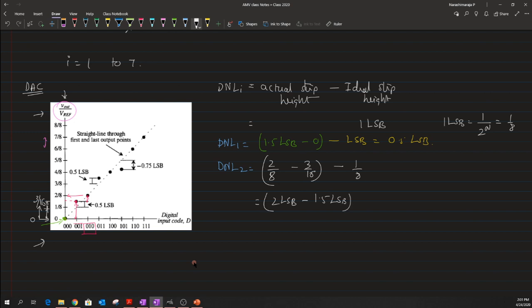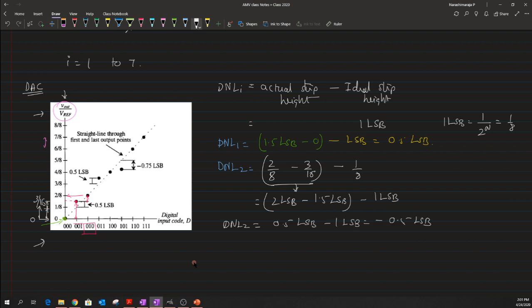This quantity gives me the actual height, minus 1 LSB, which is the ideal height. So, 0.5 LSB minus 1 LSB gives us minus 0.5 LSB. So, this is the value of the DNL of 2.